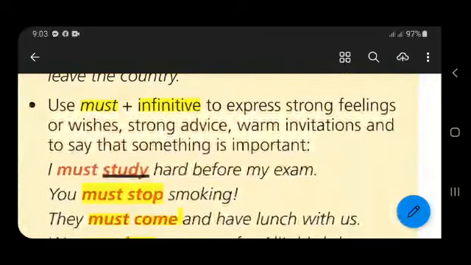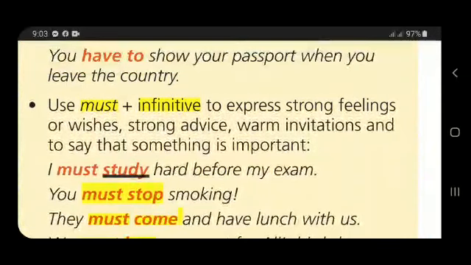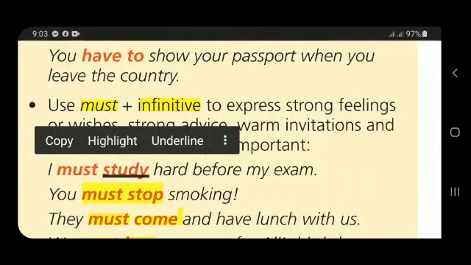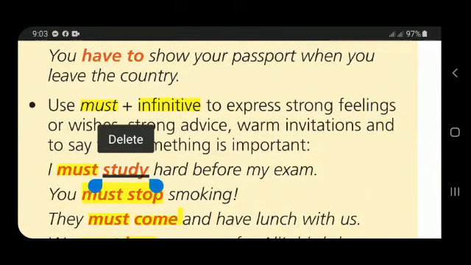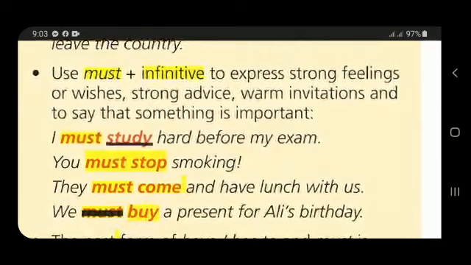In this sentence, it expresses a strong feeling. We use must plus verb infinitive. It means there is a strong feeling to do this thing. I must study hard before my exam.